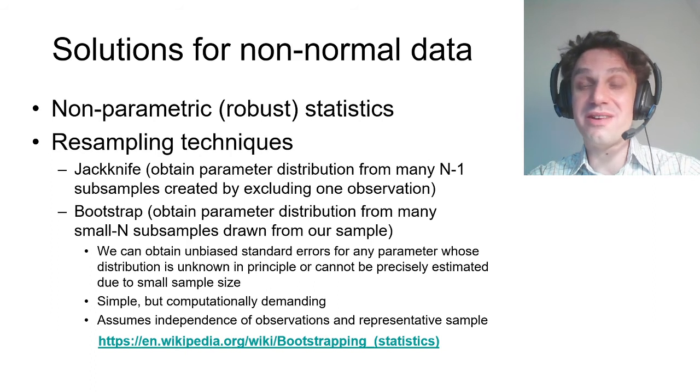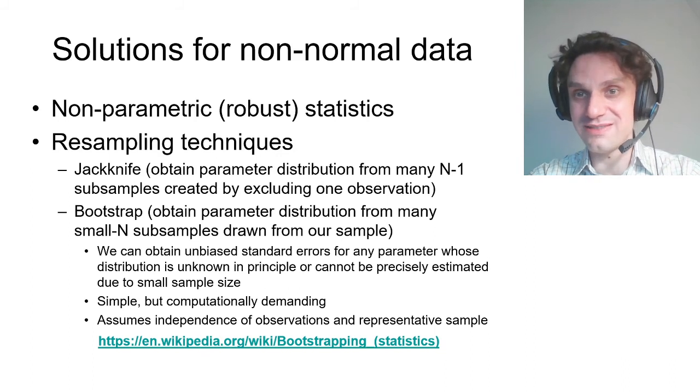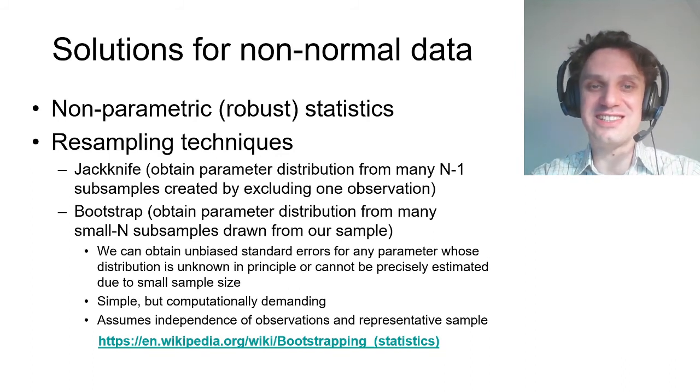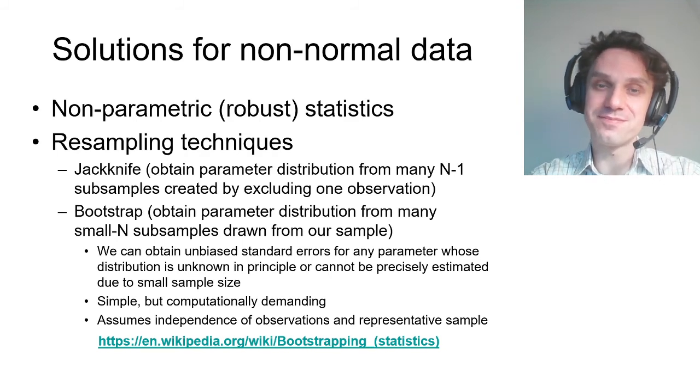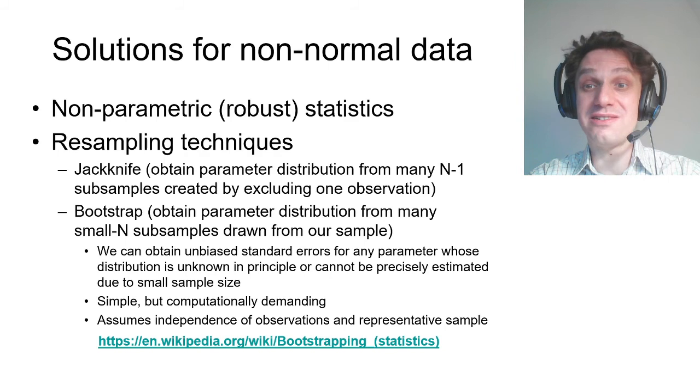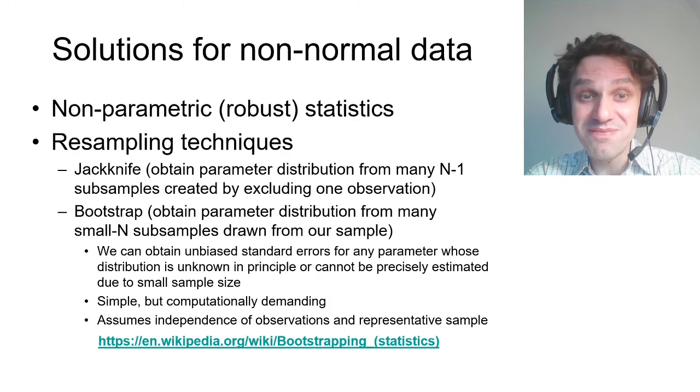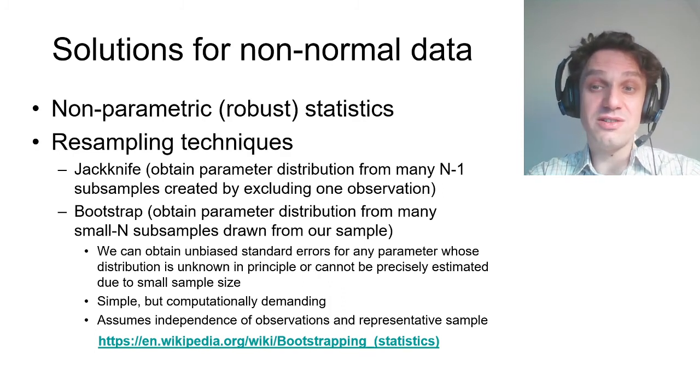Of course, non-parametric statistics is not the only solution for non-normal distributions, for strange, difficult situations. Nowadays, many statistical packages offer us another possibility, resampling techniques. When you have a sample of, for example, 100 individuals, and your distribution is strange, it's not normal, and you don't even know what theoretical distribution it corresponds to, then what you can apply is called bootstrap.